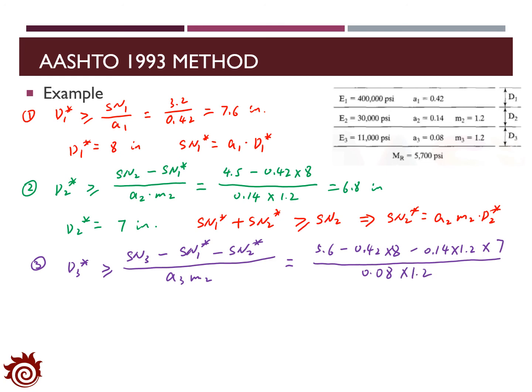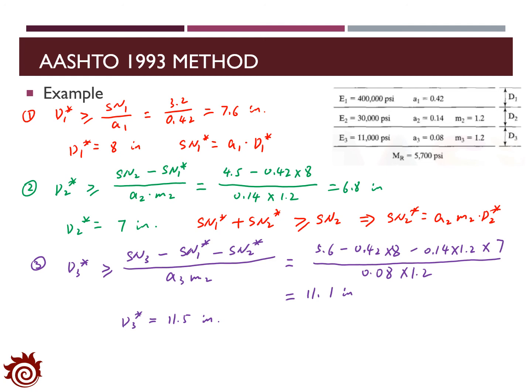And this will give us the result as 11.1 inches. We can actually choose any value higher than that. So in this case, we can choose the value as 11.5 inches, or you can choose 12 inches.